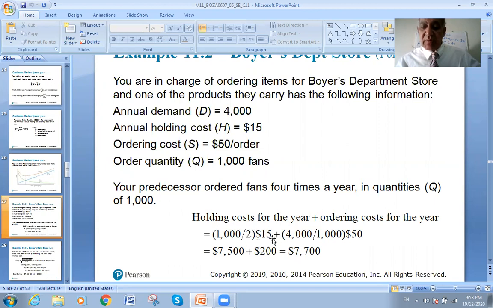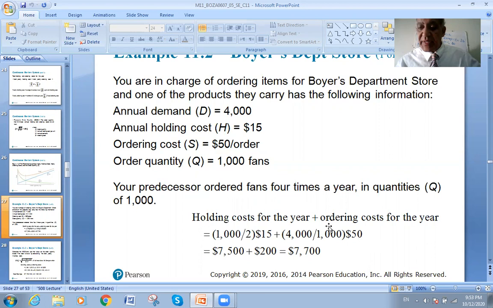The average I will multiply by the annual holding cost, which is $15, plus the annual demand divided by the order quantity I want, multiplied by the ordering cost, which is $50.